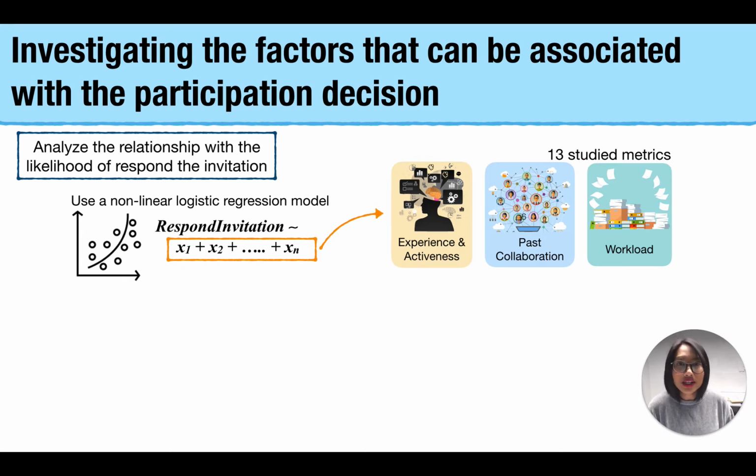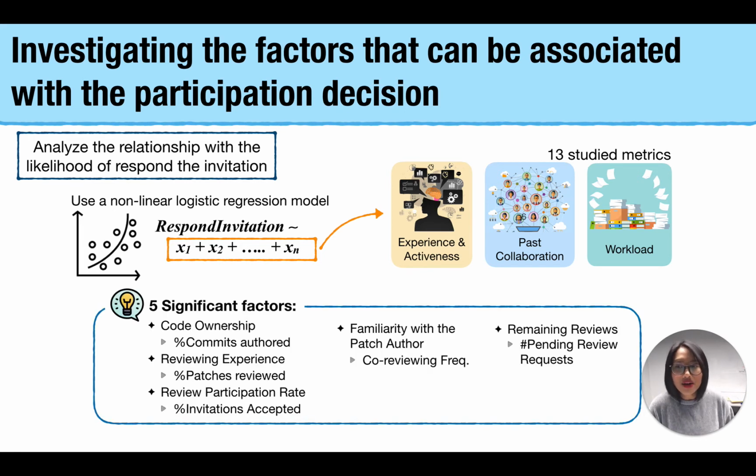Therefore, we did a statistical analysis to investigate which factors could be associated with this decision, and we used 13 metrics in this study, which are grouped into 3 dimensions: experience and activeness, past collaboration, and the workload of reviewers.